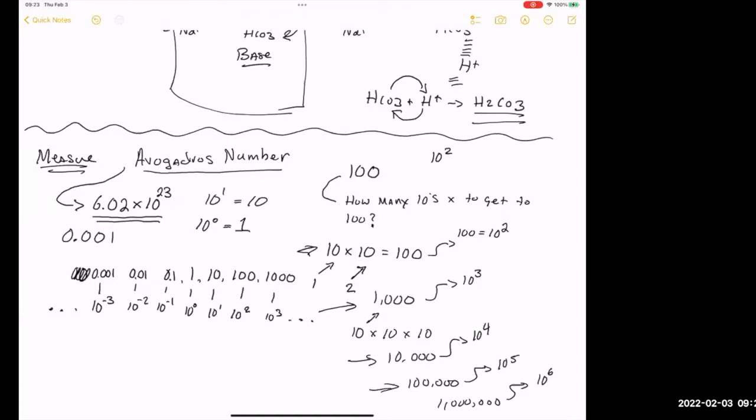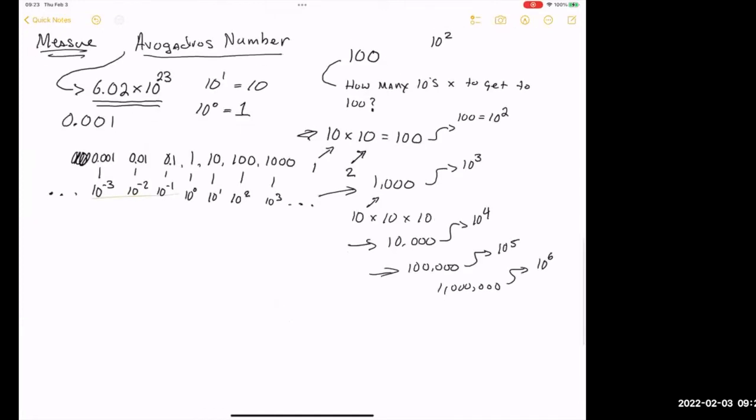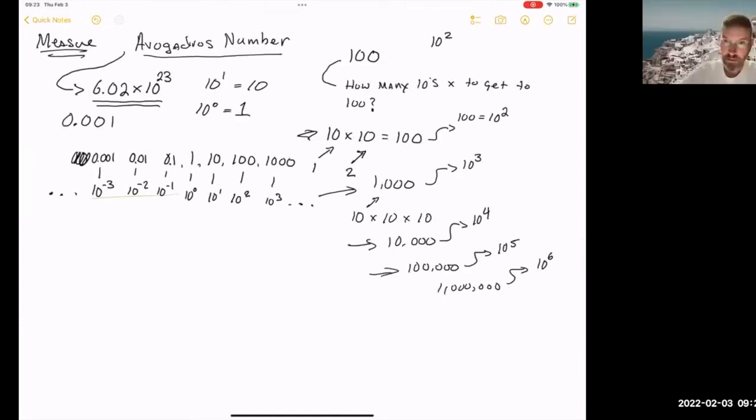Cool. Now, this number has another name, and the common name is something called a mole. A mole. So a mole equals Avogadro's number, equals 6.02 times 10 to the 23.